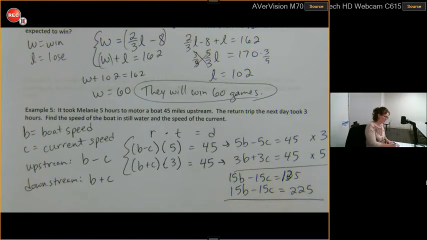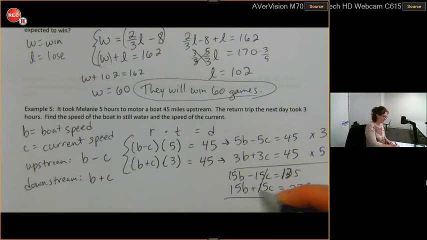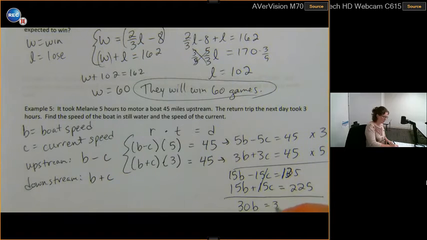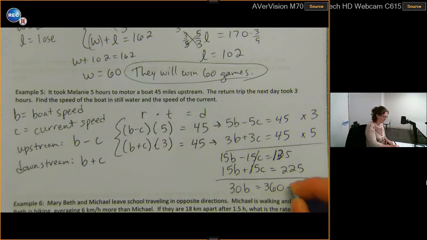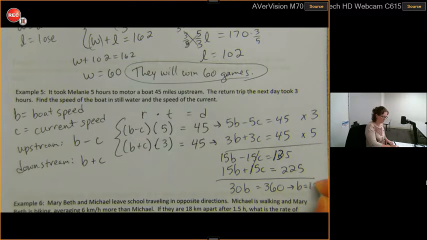So when I combine those together, the c's cancel out, and I have 30b equals 360. So when I divide by 30, I get b equals 12.